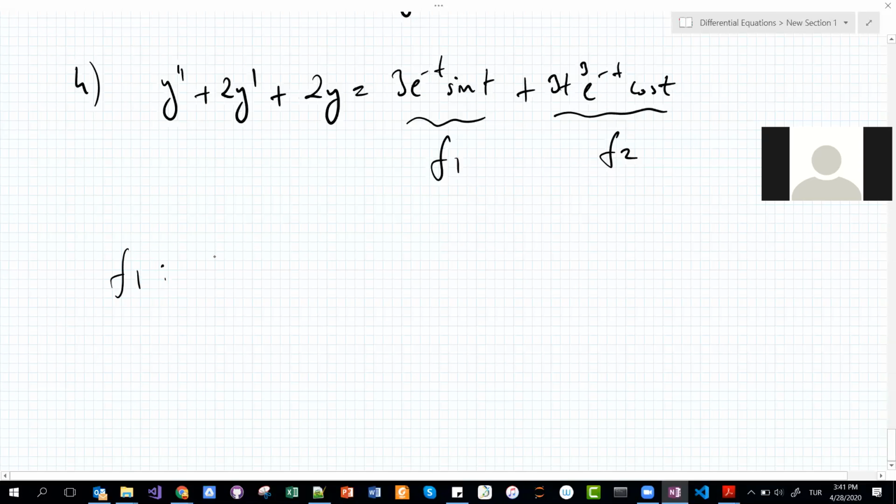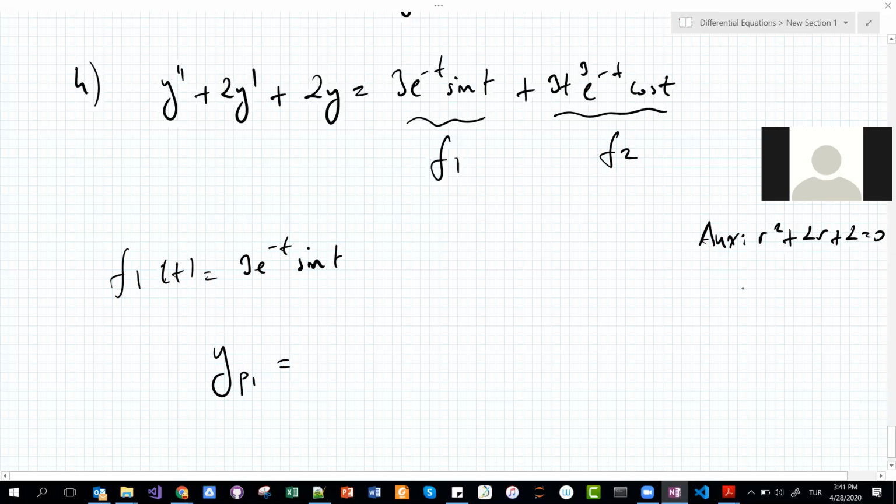So if I have f1, which is equal to 3e^(-t) sin t, I need to choose my y_p in a way that covers these functions. But of course, where is my auxiliary equation solution? The auxiliary equation is r squared + 2r + 2 = 0.